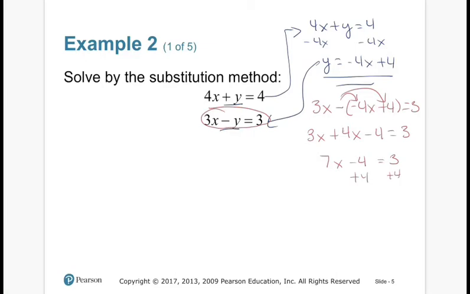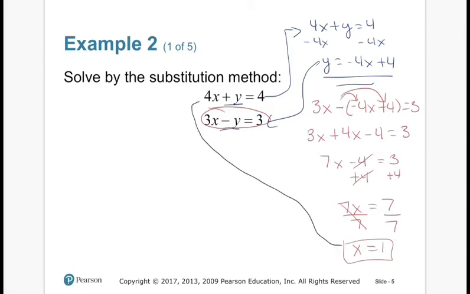Plus 4 to both sides to cancel that. So I have that 7x is equal to 7. Divide by 7 on both sides. So I have that x is equal to 1. I'm going to get that and plug it in. This time I'm going to plug it into that one because it's going to make it easier for us. So now I have 4 times x.